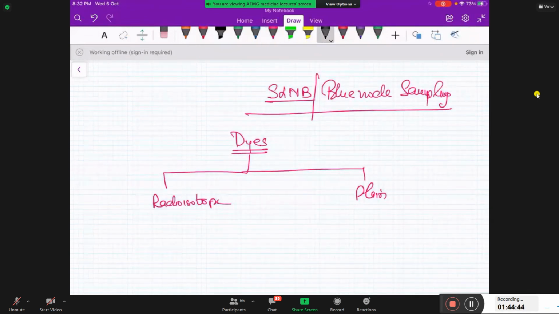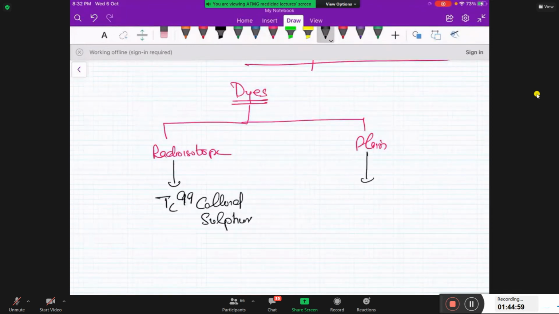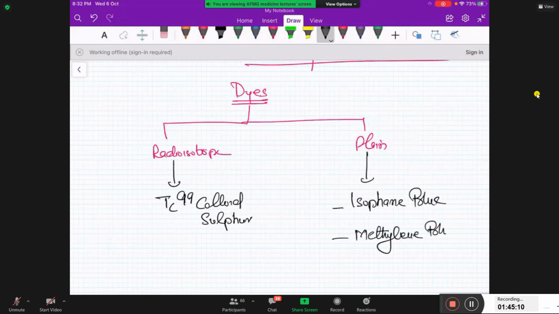Radioisotope includes technetium 99 labeled sulfur colloid. Plain dye includes isosulfan blue or methylene blue.